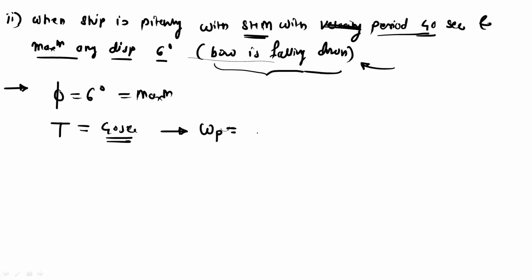So omega p, its formula is phi into omega 1, where omega 1 is the angular frequency during that simple harmonic motion. And this omega 1 depends on the time period, so it is 2 pi upon capital T, which is 2 pi upon 40.